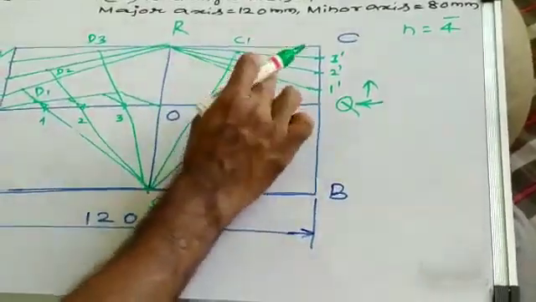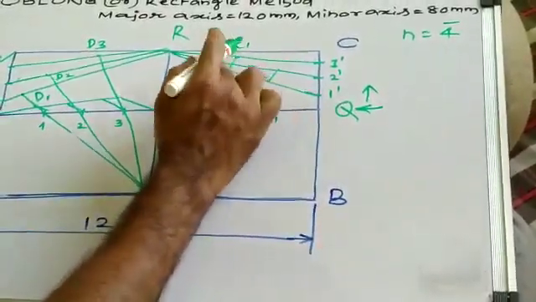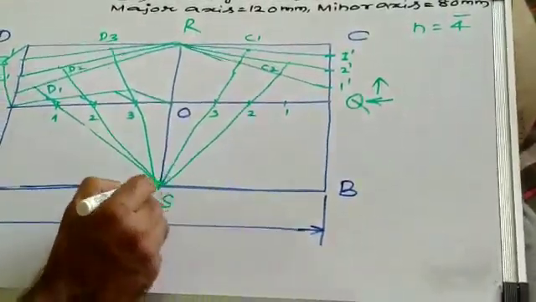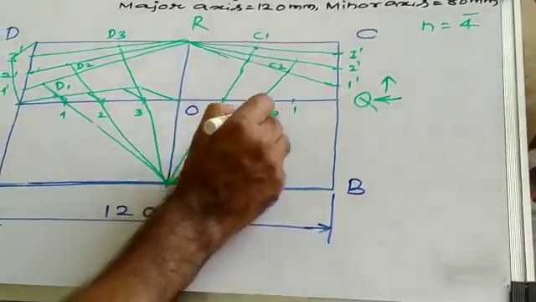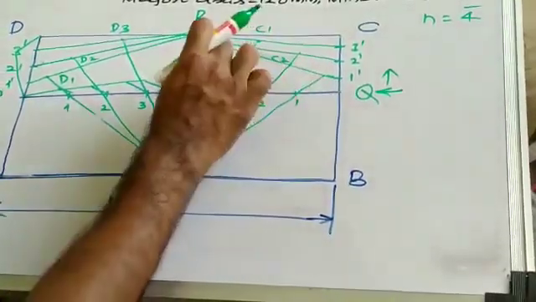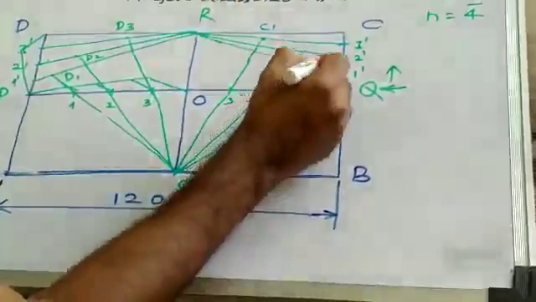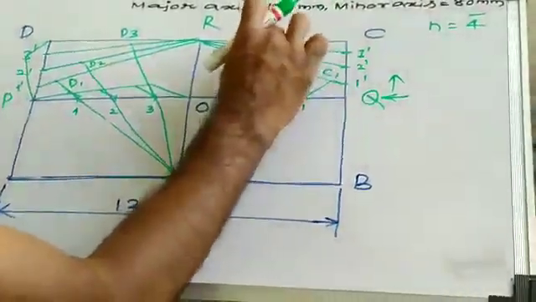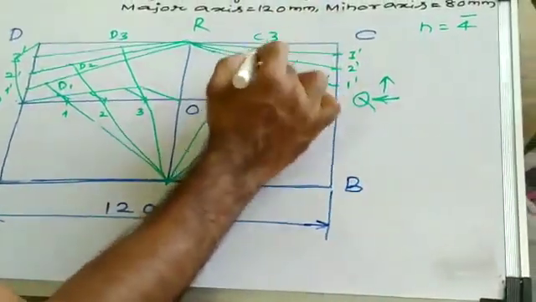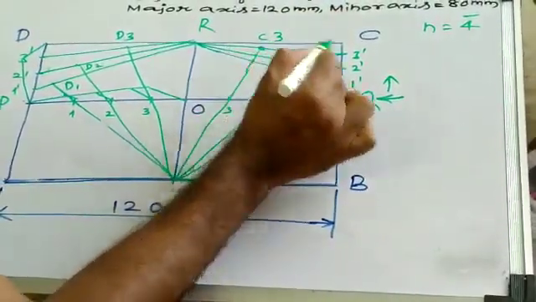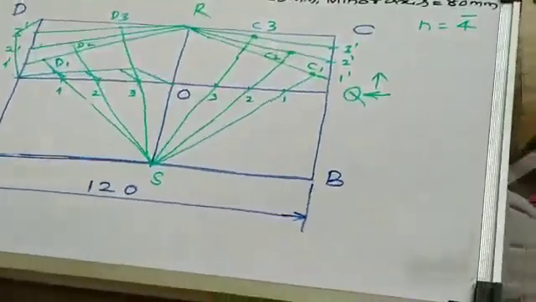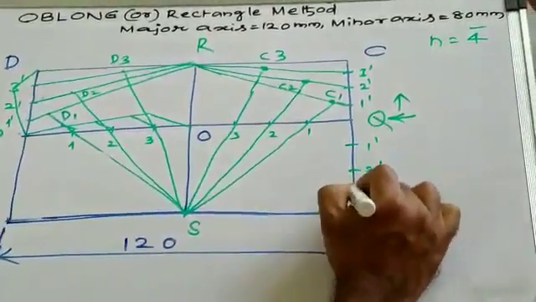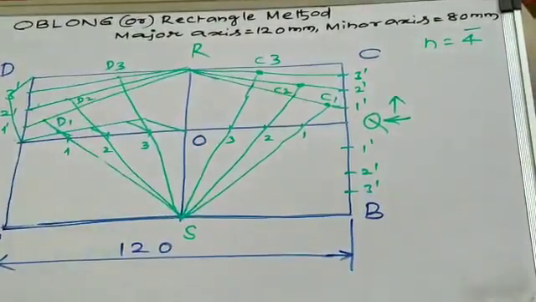R1 dash, then S1 extended. It is going to meet R1 dash. This becomes C1. Sorry. This is C3, C2, C1. Similarly, Q2B, 1 dash, 2 dash, 3 dash.